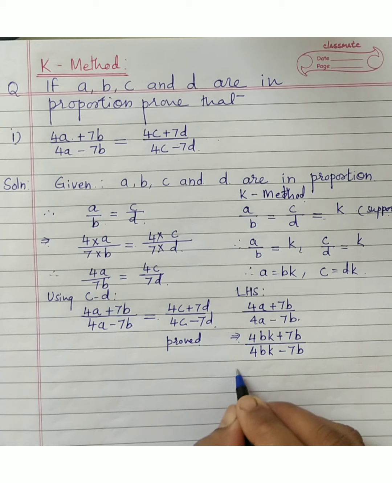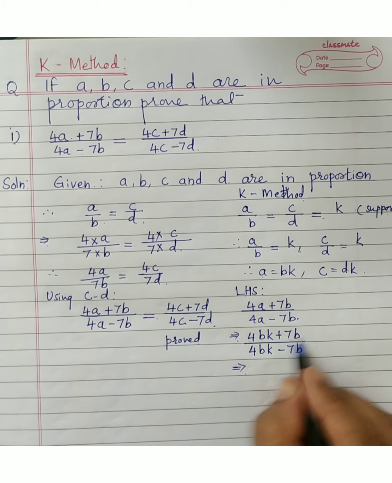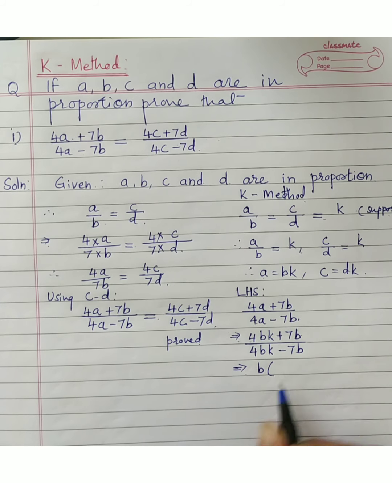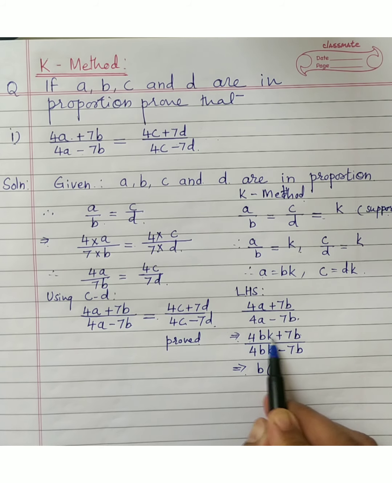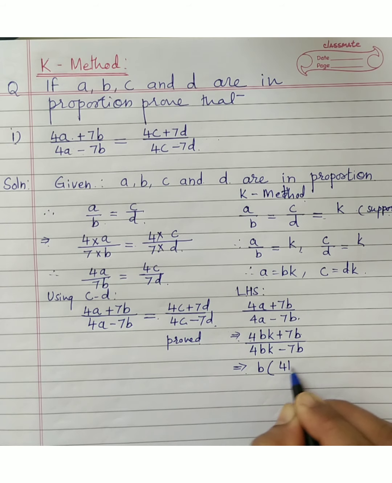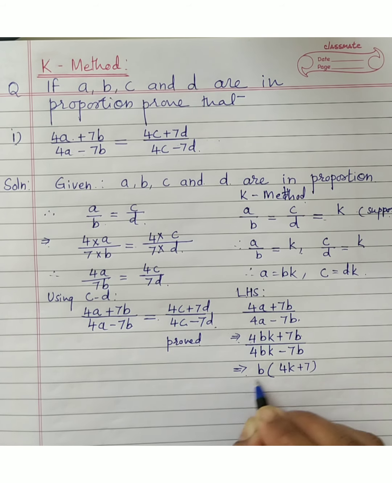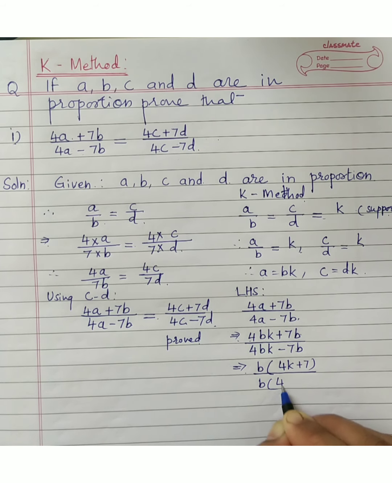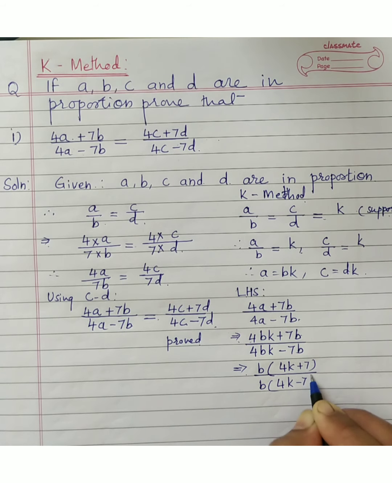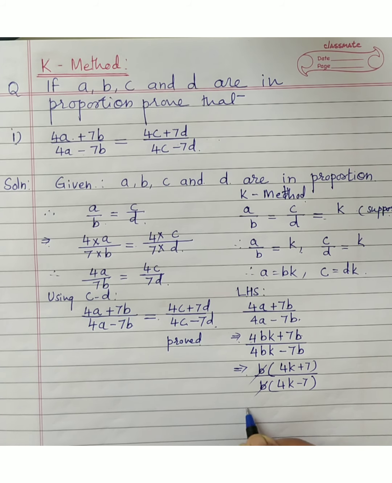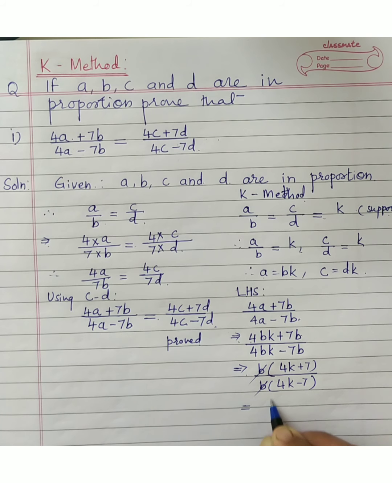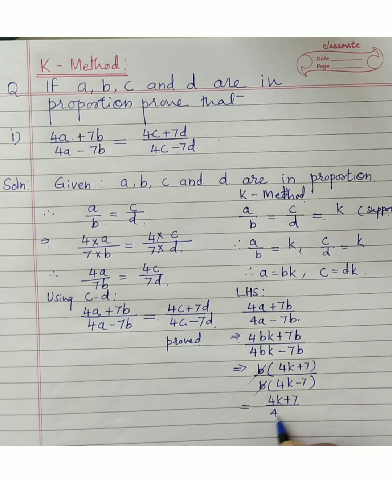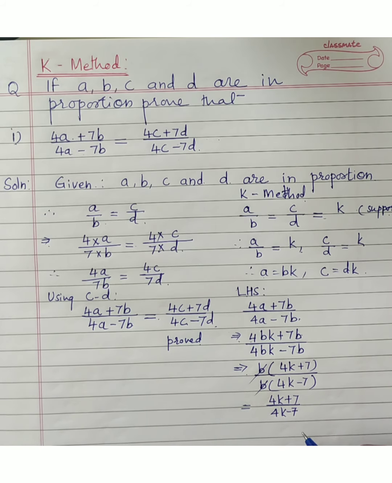Now what you can see common here is b, so take out b common. Be careful, what is left here: 4k plus 7. In the denominator also b is common, what is left: 4k minus 7. b can be cancelled. So your left hand side has become 4k plus 7 upon 4k minus 7.